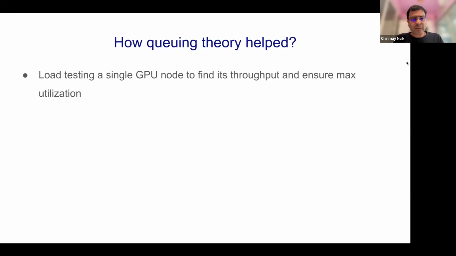So we did load testing on a single GPU node to find its throughput and ensure max utilization. What does that mean? We have a single GPU. How many face matching or OCR requests can it handle? If I use it 100%, if I ensure max utilization, what's the speed of the car essentially?